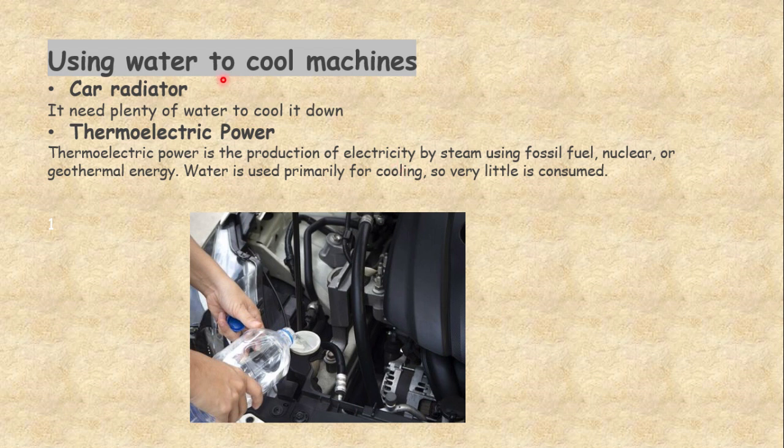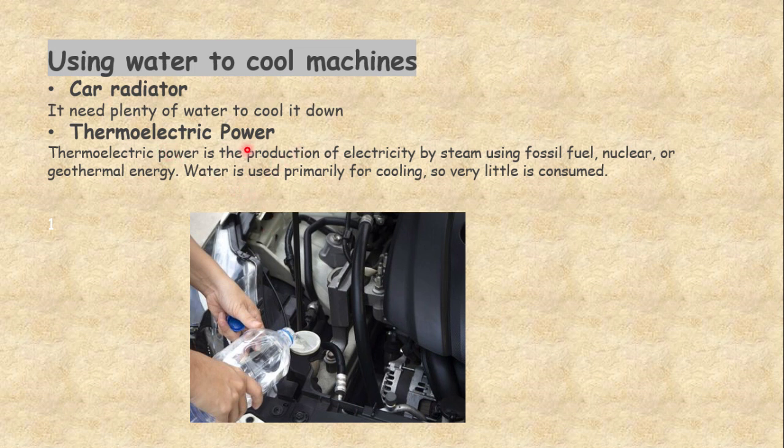Some other uses of water are that water can be used to cool machines. Like you have seen, when your vehicle becomes hot, like a car, then we use water to cool it down. So the car radiator is the first example. We use water to cool the radiator. Similarly, in some thermoelectric power plants, we use water.